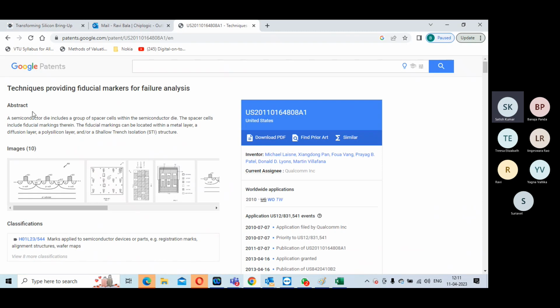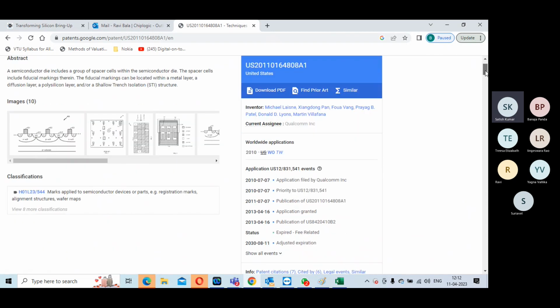Okay, got it. Fiducial marking therein. Okay. I think I even saw this fiducial cell in PCB designing. It is a reference cell, a reference point.